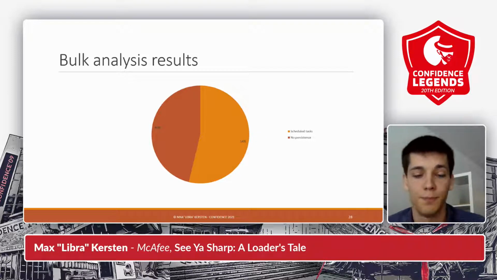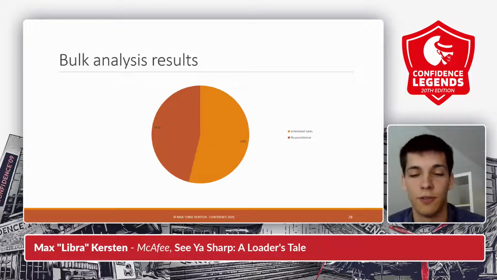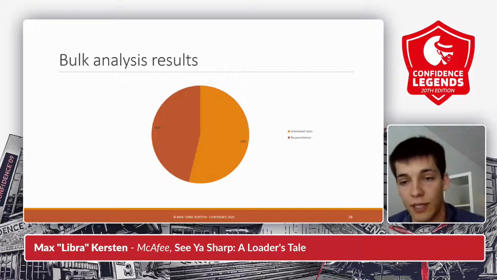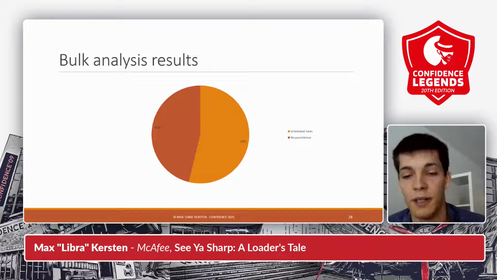But keep in mind that since loaders are often linked or chained, so to say, the frequency of the CyaX-Sharp loader is probably higher than the 500 or so samples I encountered, as these hits were only first in line. So if you do a retro hunt, for example, then it doesn't check what else is executed in memory. If there's a different loader prior to it, then you won't find it.